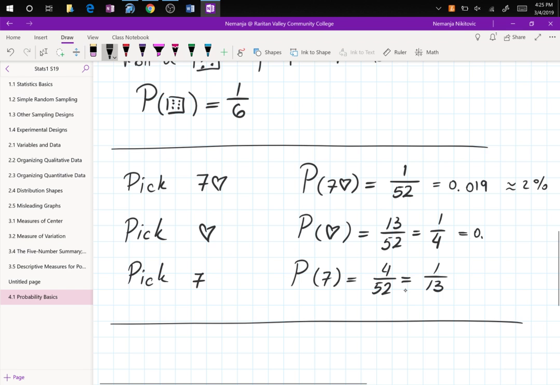This one is obviously 0.25, so that's 25% to pick what you want. And then 1 divided by 13 is going to be about 0.077. So it's about 7.7% chance to pick. So you see that the 25% to pick a heart is the best chance out of all of these.